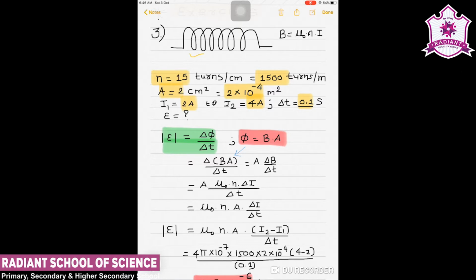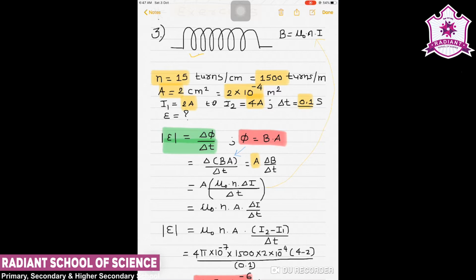Here the cross section area A remains constant, so we are not going to change it, and all other terms are kept in this equation, as we have the basic equation of the solenoid's magnetic field, that is B is equal to mu 0 N i.